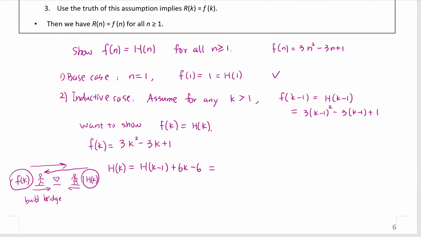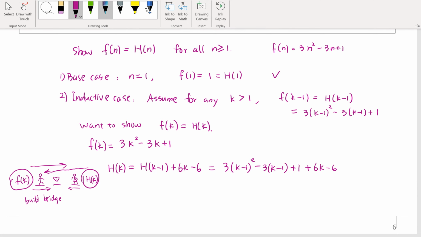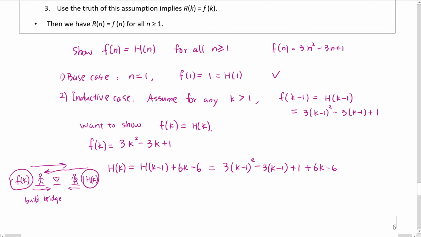So Hk is 3(k minus 1) squared minus 3(k minus 1) plus 1 plus 6k minus 6. Let me highlight the hypothesis. So our hypothesis is here and here. Okay, so this is the hypothesis. Let's continue.